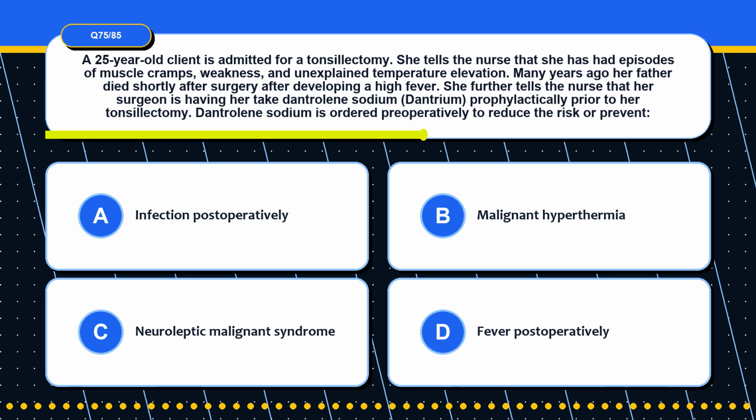Dantrolene sodium is ordered preoperatively to reduce the risk or prevent. Here are the options. Option A. Infection postoperatively. Option B. Malignant hyperthermia. Option C. Neuroleptic malignant syndrome. Option D. Fever postoperatively.